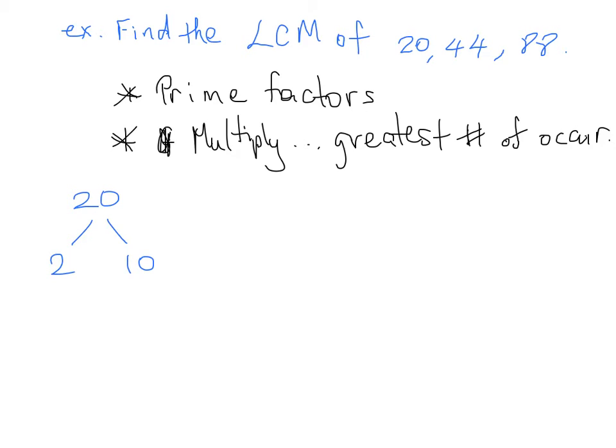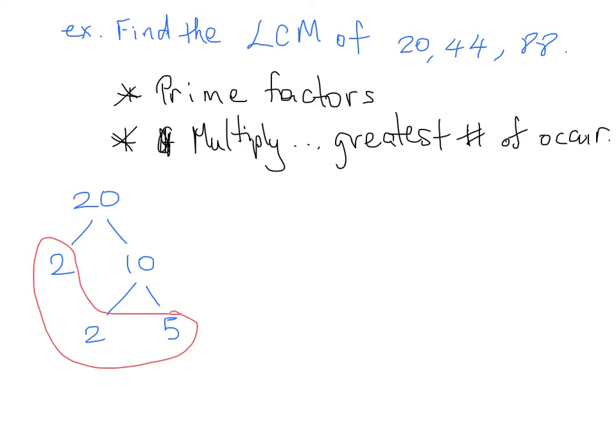Then we make another set of branches. 10 also has another factor other than 1, and the lowest one that multiplies to get 10 is 2. And you multiply that by 5. Now 5 right here is a prime number, so it's 2 and 2. So these are actually all the prime factors. I'll circle them here because 2 times 2 times 5 gives you 20. So those are the prime factors of 20.